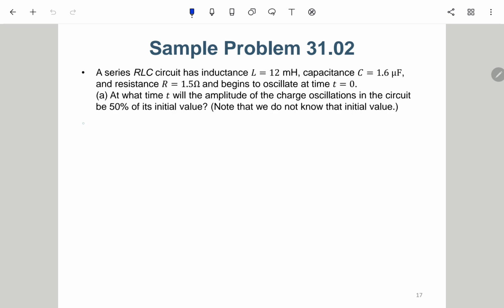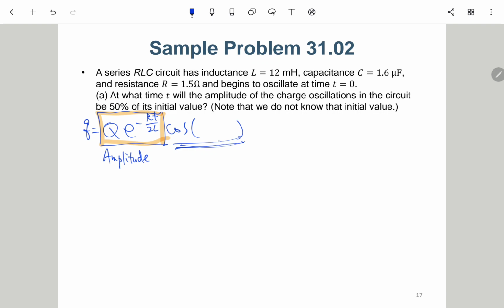So we recall the equation is Q equals capital Q exponential to negative RT over 2L, and then cosine of this stuff. We say this stuff is the amplitude, and we don't know what it is.